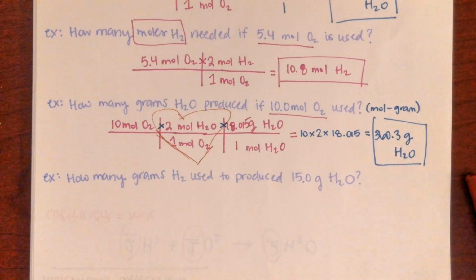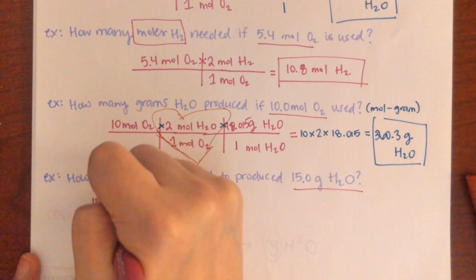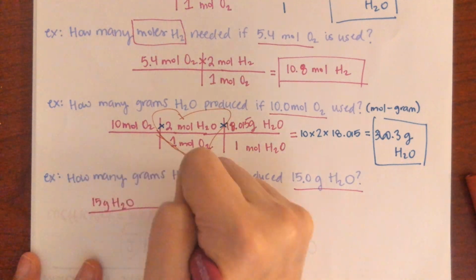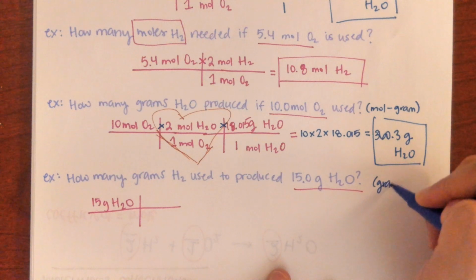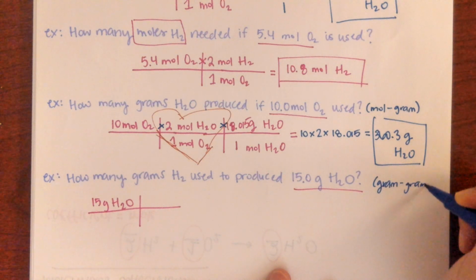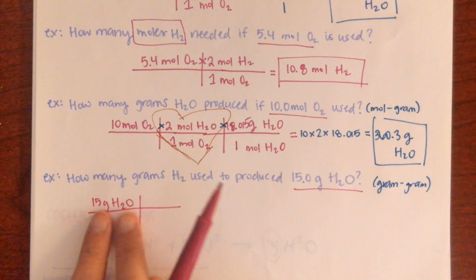We are starting with 15 grams of water. And again, this is a gram to gram, or mass to mass. So this is the longest train tracks that you're going to do.